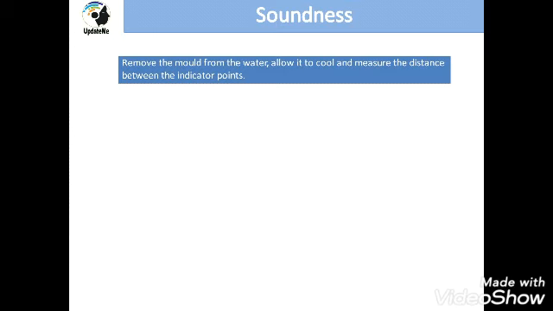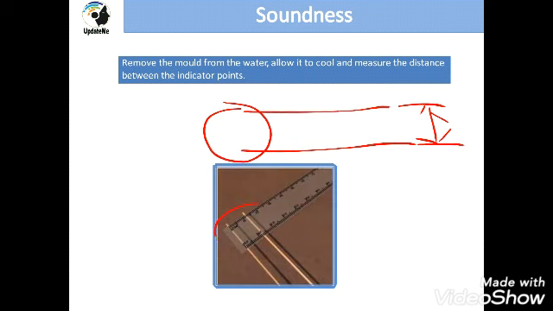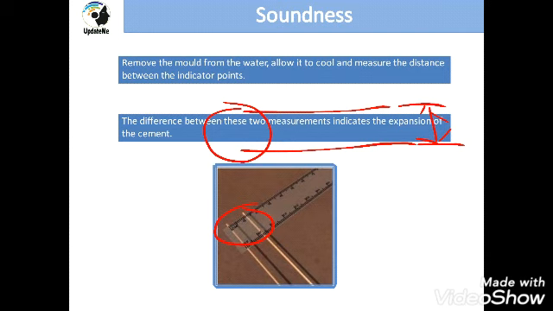Remove the mold from water after 3 hours, allow it to cool, and measure the distance between the indicator points. As you can see, after the 3 hours we have to measure again the distance between these two indicating points. You can see the distance after 3 hours. The difference between these two measurements indicates the expansion of the cement.